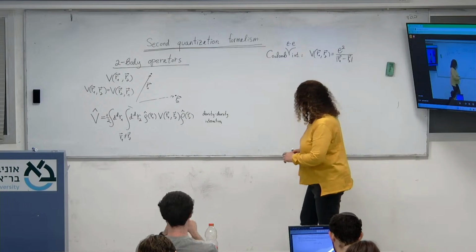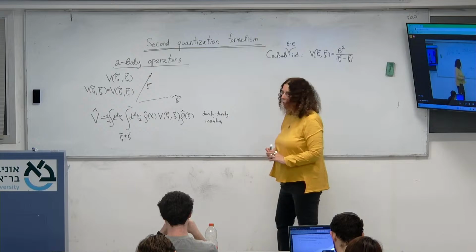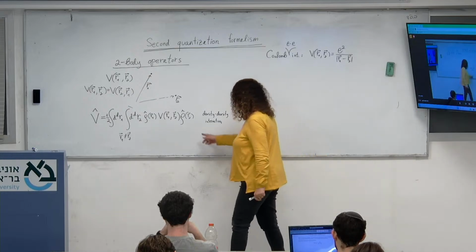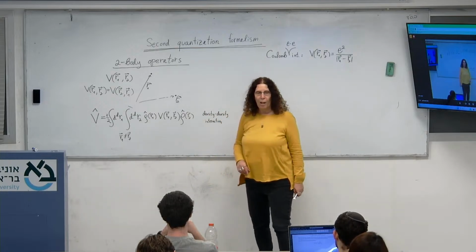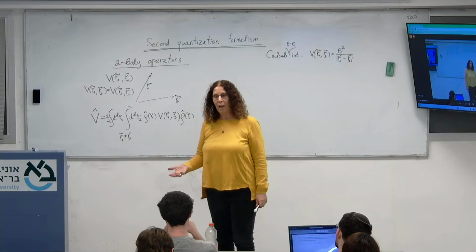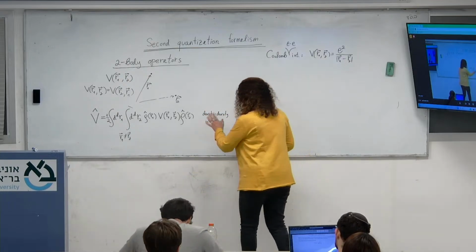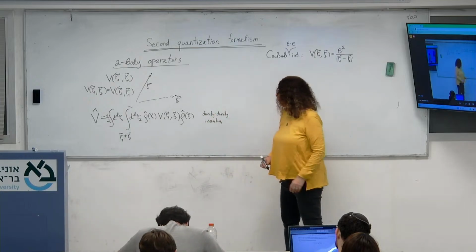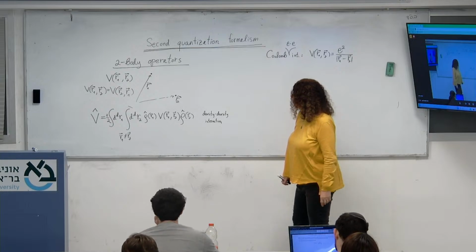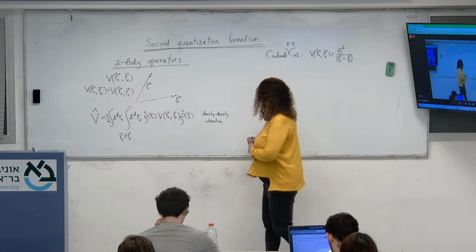Let us now do one more step, and then we'll take a break. What is the density operator? Now I want to express it in terms of creation and annihilation operators. And that will already give me an expression for such an interaction in the real space basis.